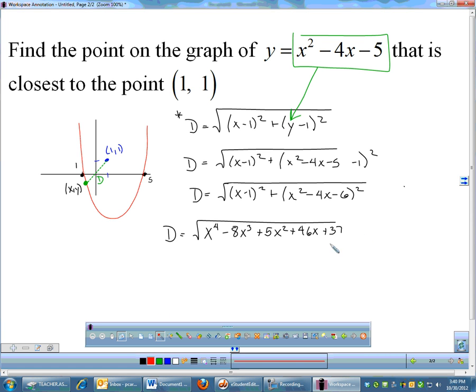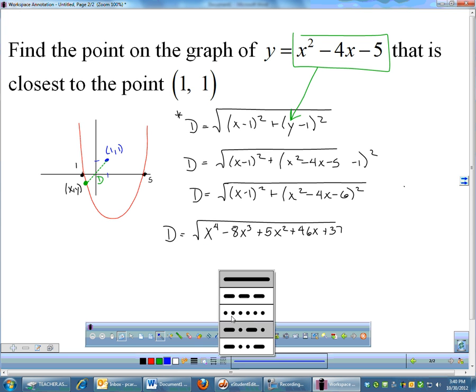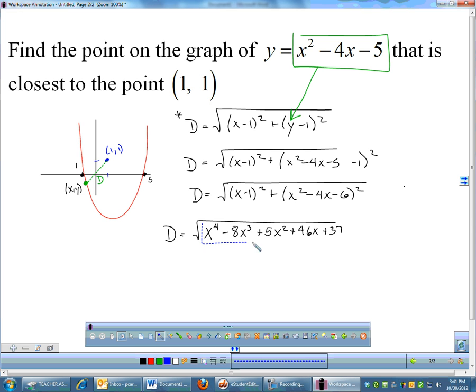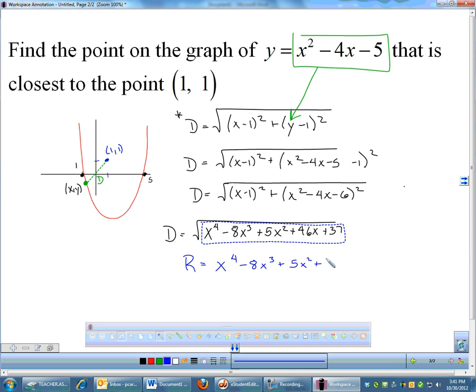we're going to only worry about what's underneath the radical. Because if you think about square roots, if I want to minimize the square root, I can think only about what's under the square root, the radicand. If I make that function, which I'm going to call r, as small as possible, if I can minimize what's under my square root, then by default, I will also minimize the square root.